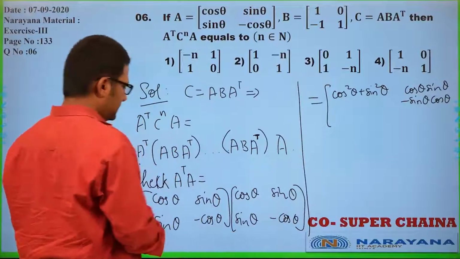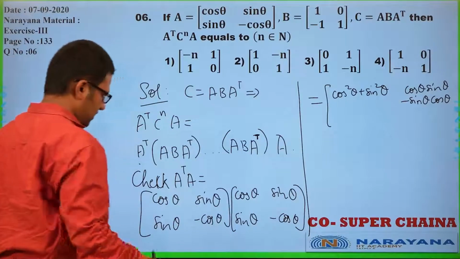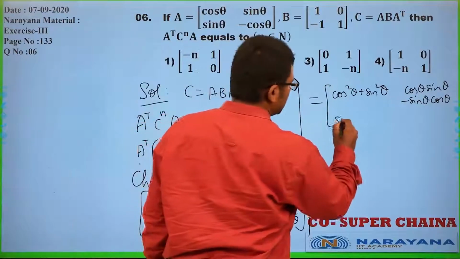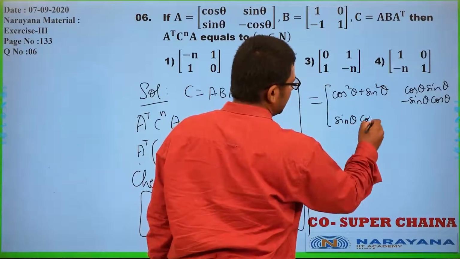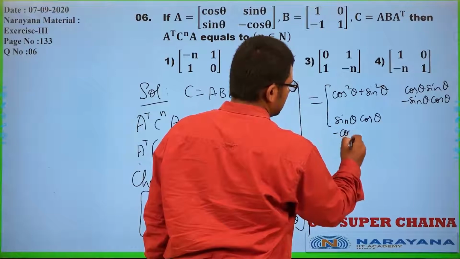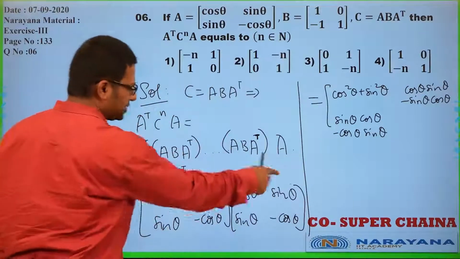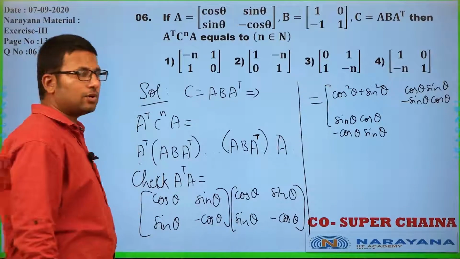Okay. What about the element here? Sin theta cos theta minus cos theta sin theta, and sin square theta plus cos square theta.